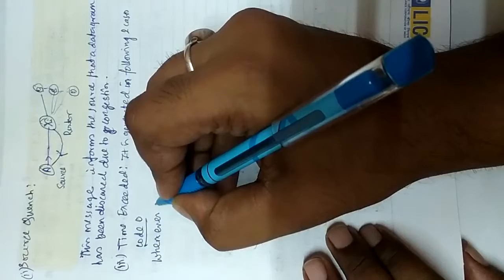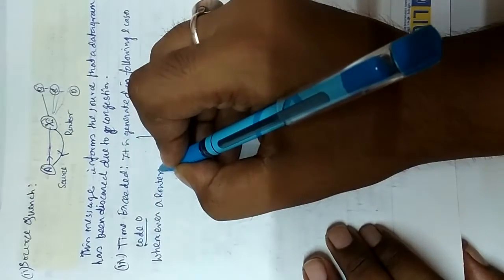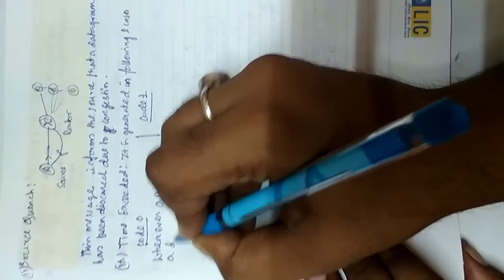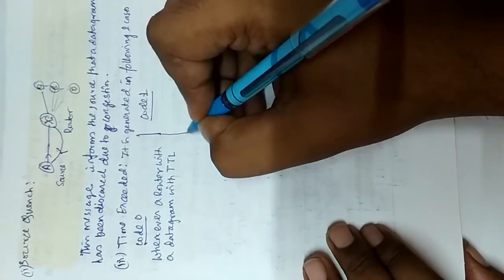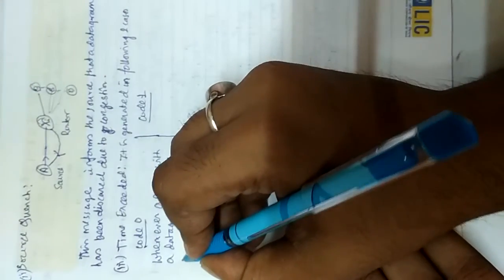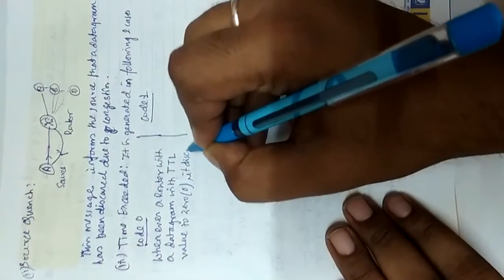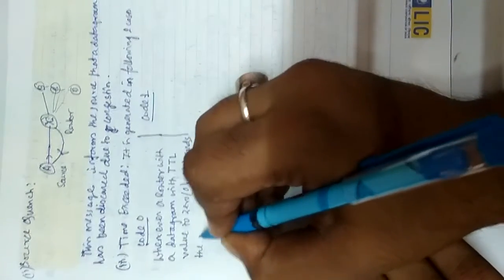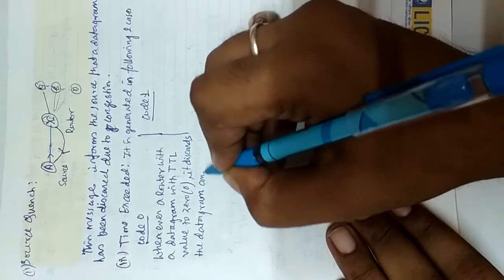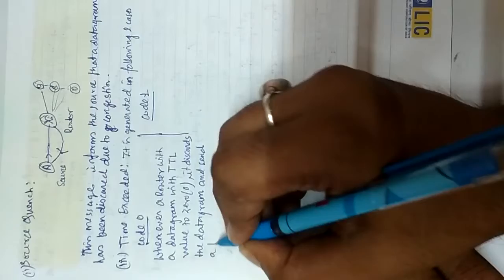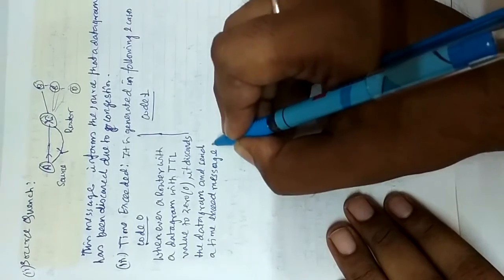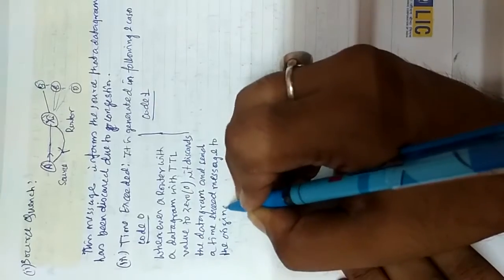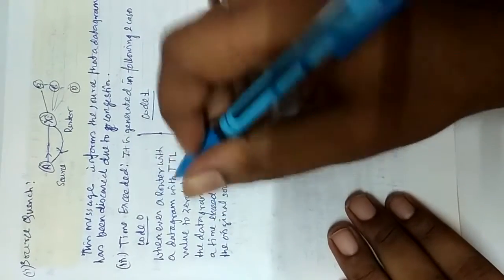So, whenever a router receives a datagram with TTL value 0, it discards the datagram and sends a time exceeded message to the original source.